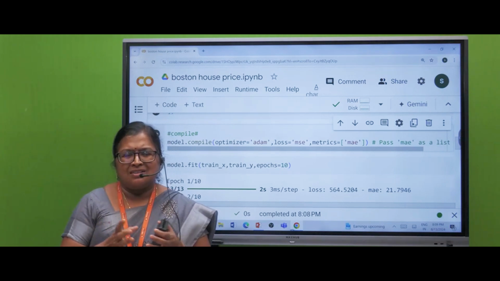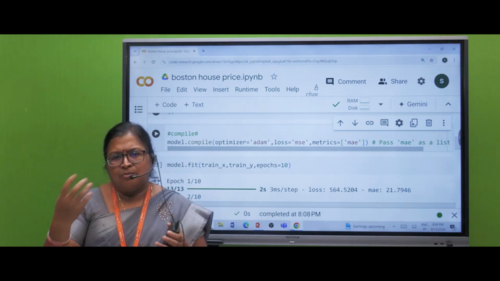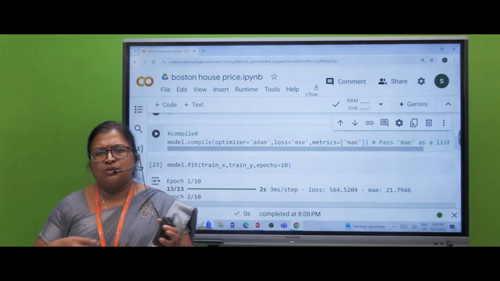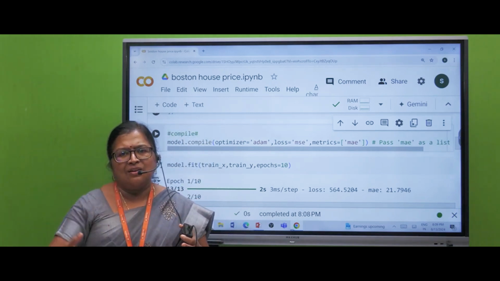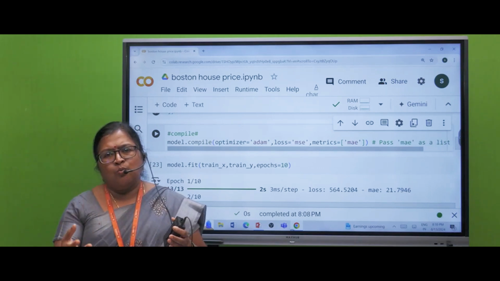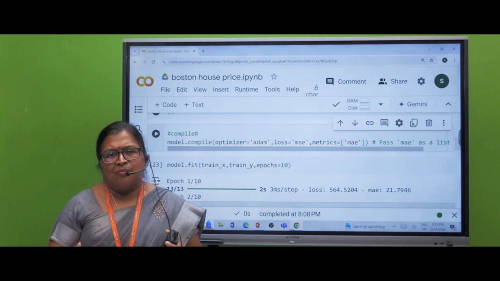It will optimize that thing. It will analyze that error and tell what to perform next. That is the work of the optimizer.